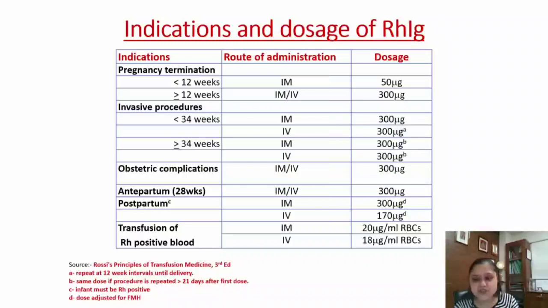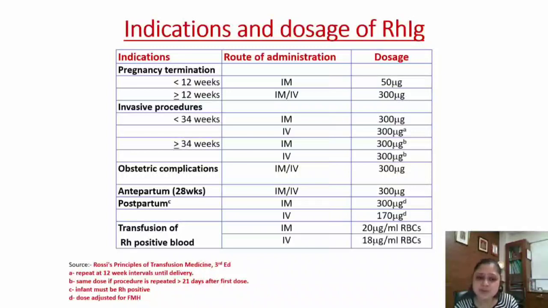If the patient has any sort of obstetric complications, then also 300 micrograms of Rh immunoglobulin needs to be administered by IM or IV route. As discussed previously, antepartum at 28 weeks of gestation, we need to administer 300 micrograms of Rh immunoglobulin either by IM or IV route.